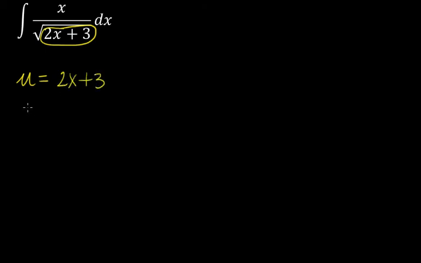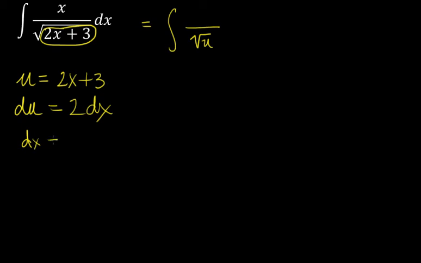If u is 2x plus 3, its differential du is 2 dx. Now notice on the bottom we have the square root of u, and I could solve for dx: dx is equal to du over 2, so that instead of dx, I could put du over 2.